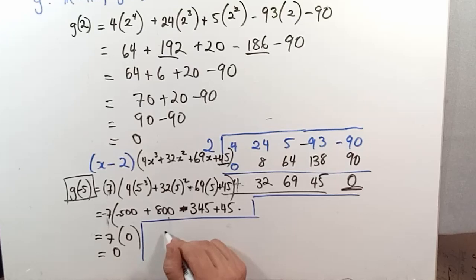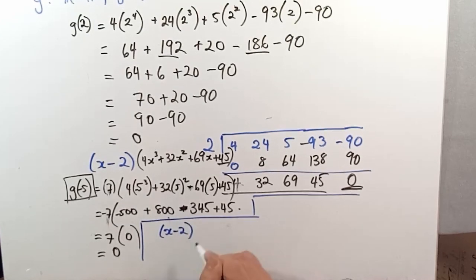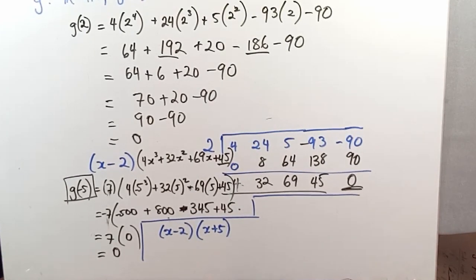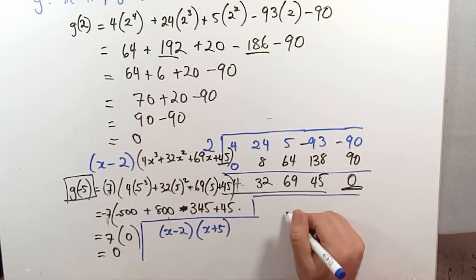I've got the factors x minus 2, x plus 5, and then I'm going to be left with, I suppose I better do the polynomial division again. Okay, so let's do the division over here.